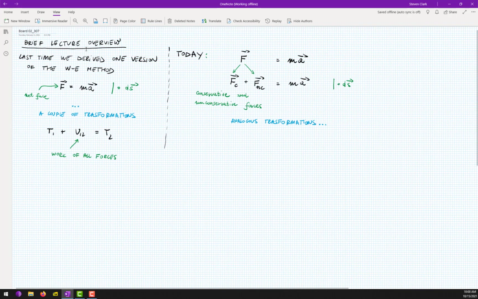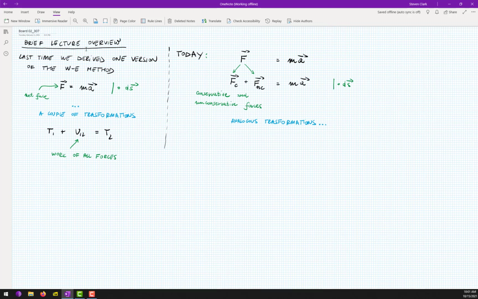All right. So this is what happened on Wednesday. Today, we will start with exactly the same equation, F equals ma. However, today, we will divide our forces into conservative forces and non-conservative forces. So we will again repeat the derivation steps. We will start with projecting our equation on our trajectory.